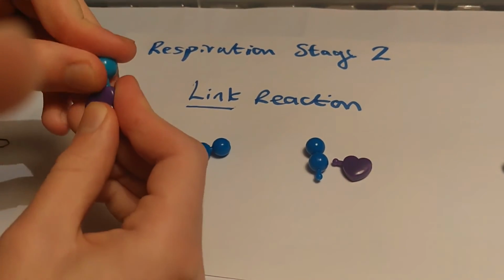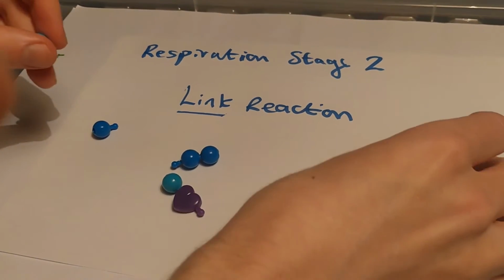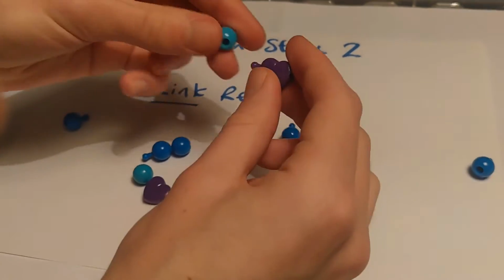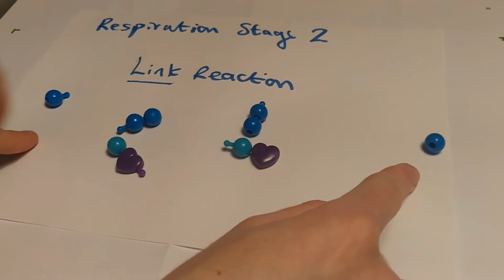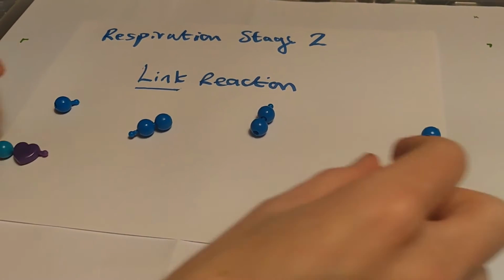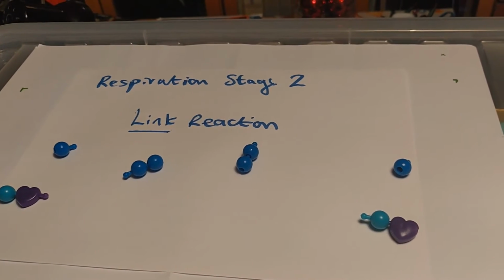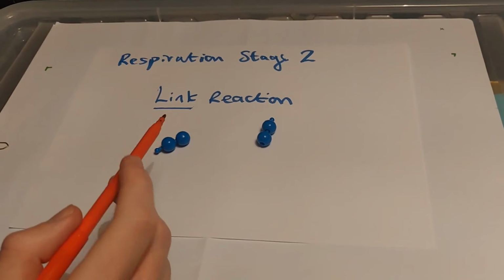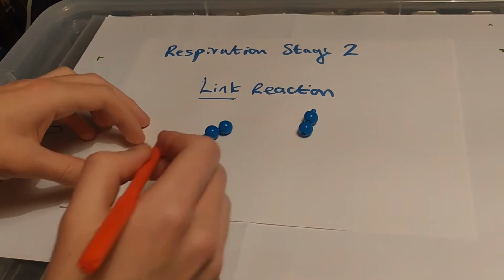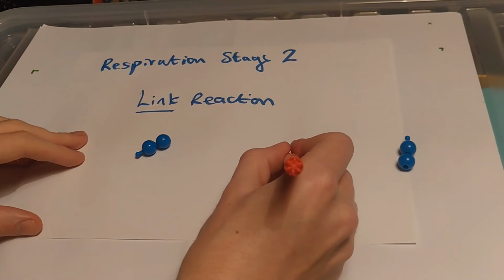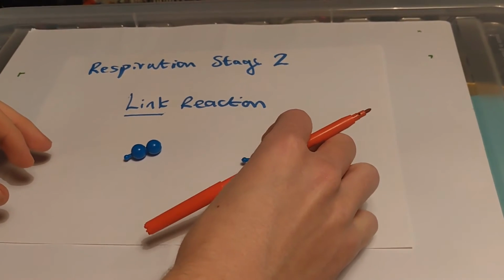This is a simplification. And those bind together to form NADH, reduced NAD again. Stop rolling away, beads. And so we've got our 2 carbon dioxides and 2 reduced NADs. And what that leaves these 2 carbons as is acetate. Right, the final stage in the link reaction is the remaining 2 carbon molecules, that's your acetate, bind with an enzyme called CoA or coenzyme A. Okay?